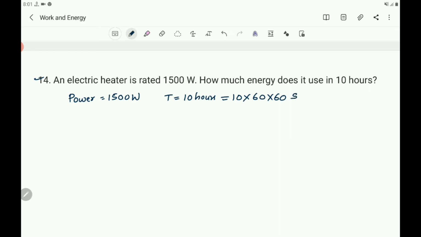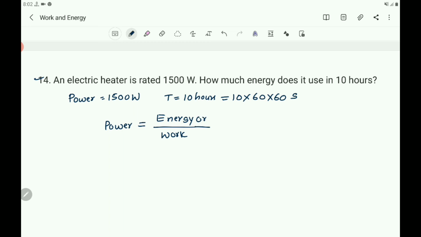Now you write the formula for power. Here we have to find out energy. Power is equal to energy consumed or work done, whatever it may be, divided by time taken.